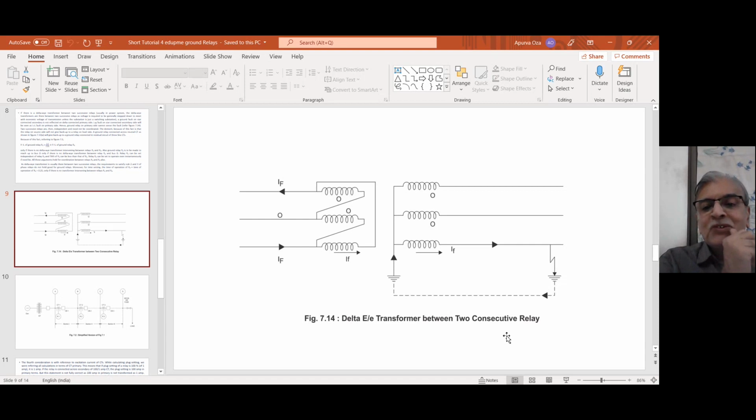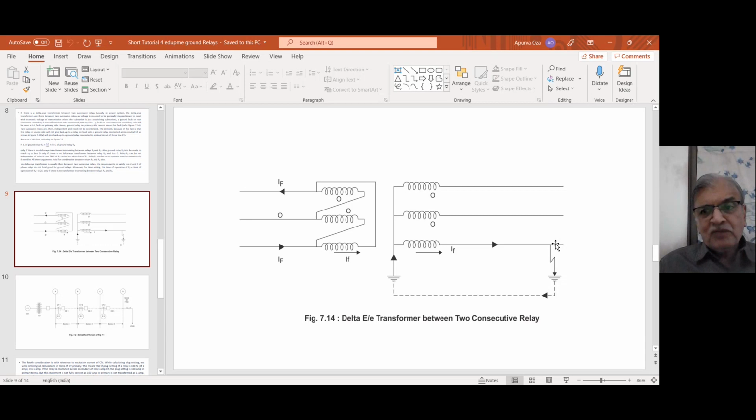What kind of problem comes? Say there is a BG fault. When we ignore pre-fault current, IR and IY are 0. IB is IF, the fault current. That reflects in the primary phase winding. But if you see in the primary line windings, IF in B, but that same IF is going like this, and in R phase also there is IF.